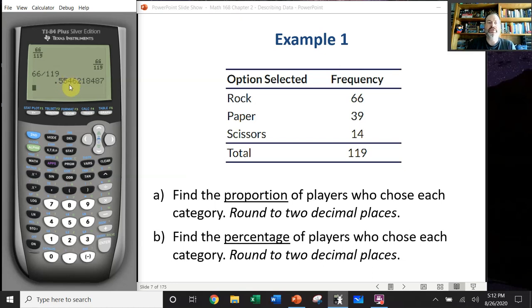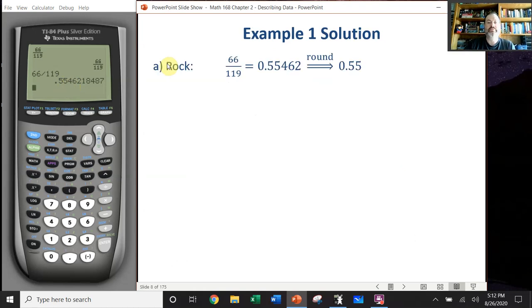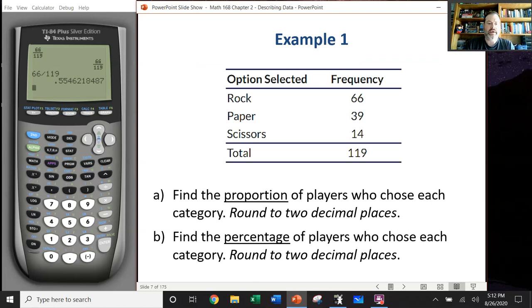You look to the right, that 4 is less than 5, so we do not round up. So again, make sure that everybody is getting this, and if you're not, pause the video, keep typing it until you get it. Let's go back and do rock for part B.